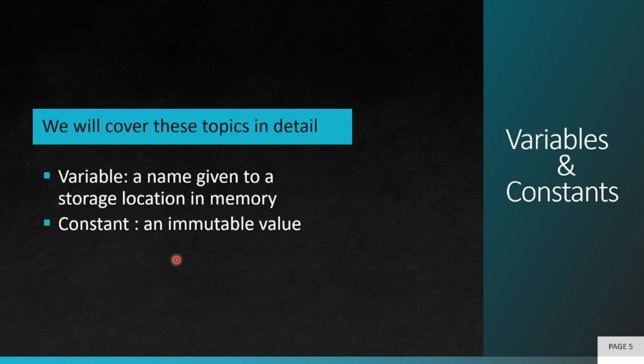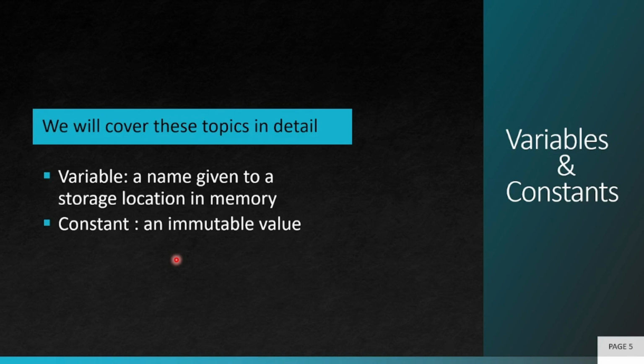We have this number called pi, which is 3.14, and we use that to calculate the area of a circle. That number should always be the same. We don't want to accidentally change that in our program. If we accidentally change that, everything is going to blow up in terms of the result that the program produces. So we declare the number as a constant, and this way we create safety in our application.